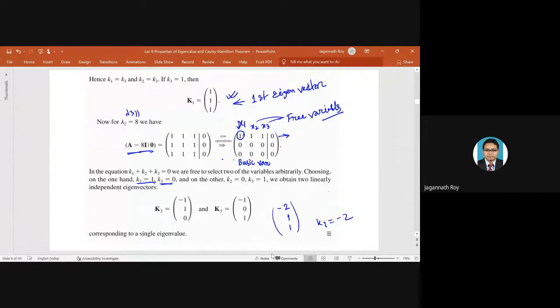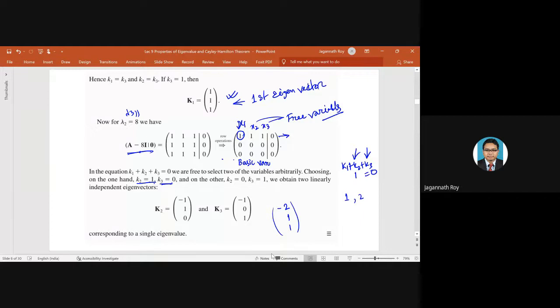Or you can also have one of this form, k1, where k1 plus k2 plus k3 equals 0. So you are free to choose this k2 and k3 value. Suppose you choose 1 and 2.